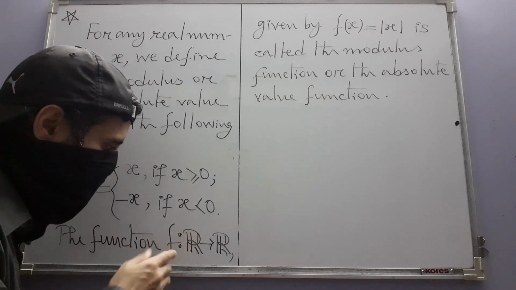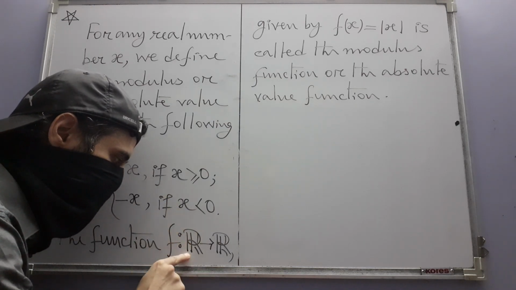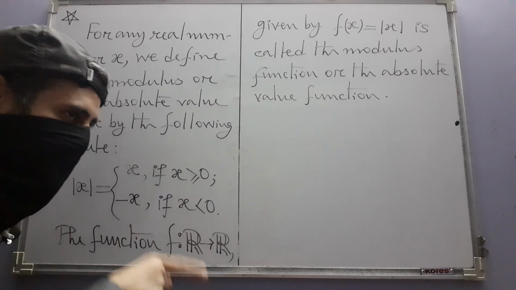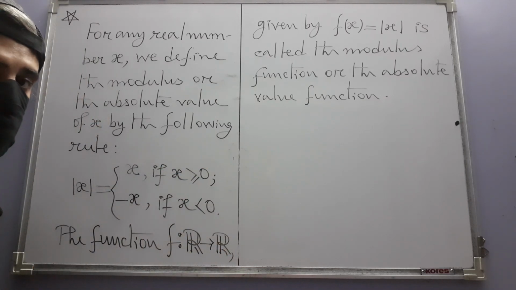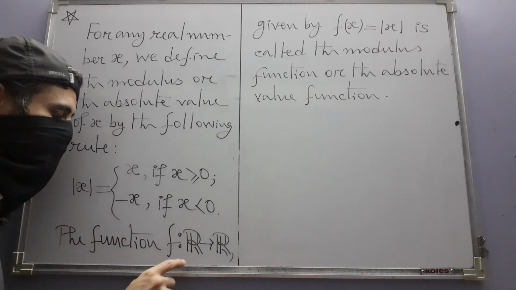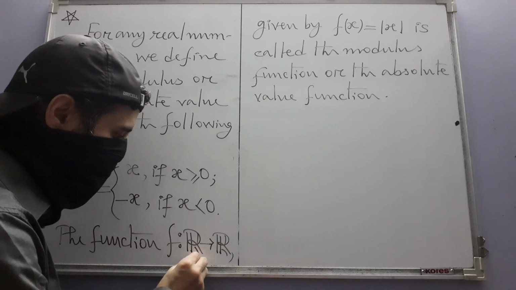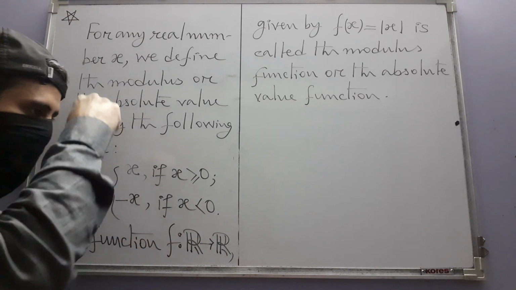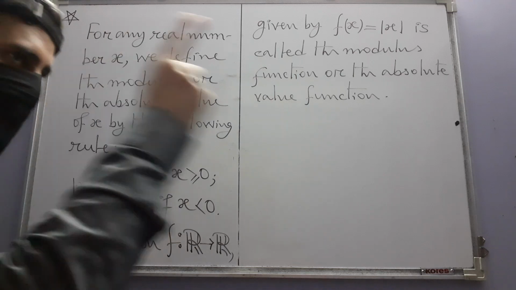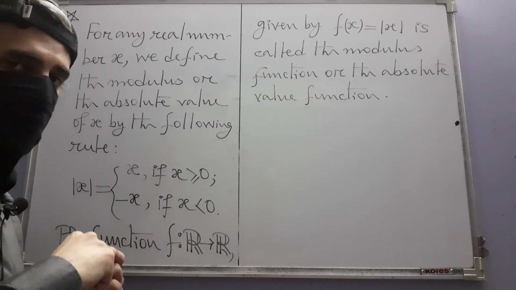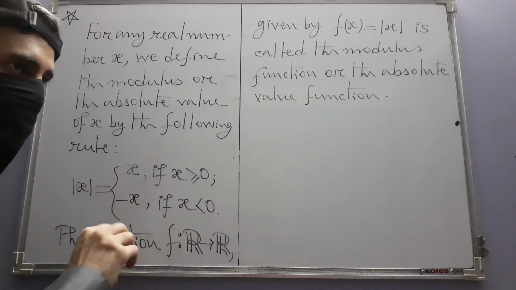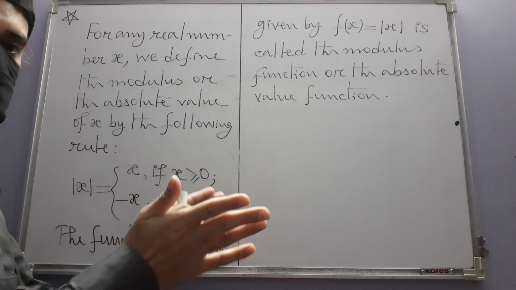You have to show that every point in the domain has a unique image in the codomain. That's what you have to show. In other words, you choose any input from the domain. That input first of all should have an output in the codomain. And the second thing is that that output should be unique. One input should not have more than one output.